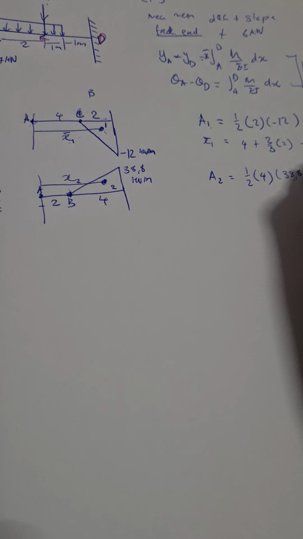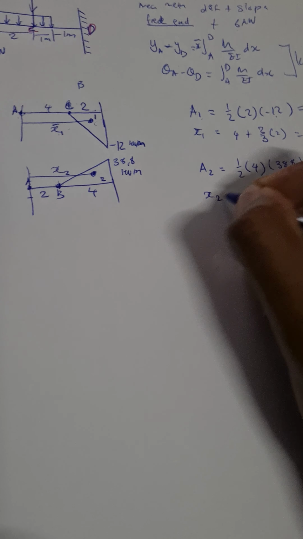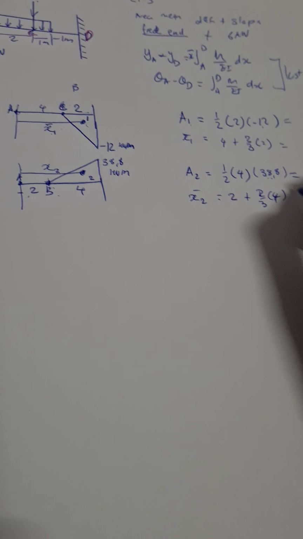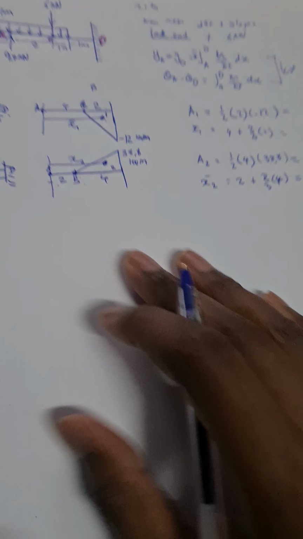Take note, 38 now is positive. This one was negative. The answer here is negative. This one is positive. Then x bar 2 is equal to what? 2 plus, the triangle begins here, so it's 2 plus 2/3 times 4. Then you have your answer.